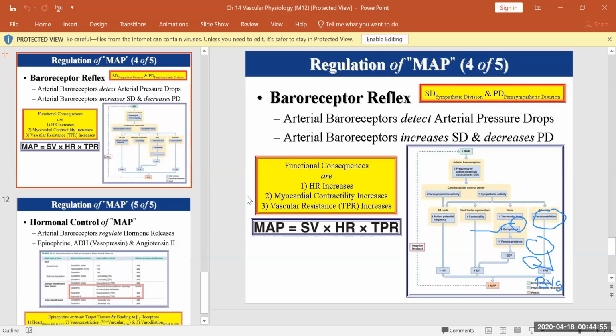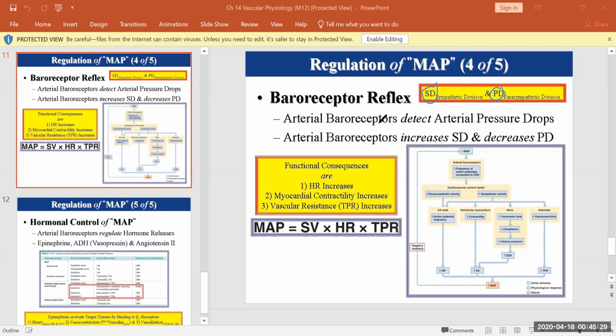So moving on to the details here. Oh, I forgot to erase this. So the baroreceptor, it's so parasympathetic division. SD stands for sympathetic division, and PD stands for parasympathetic division. So what's going to happen? We talk about this.